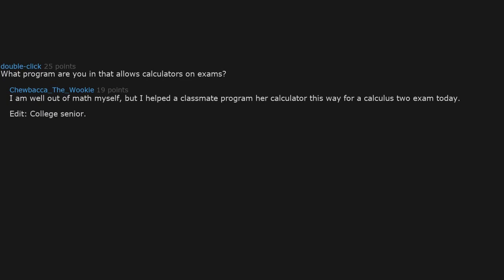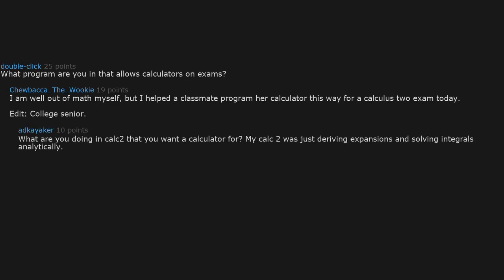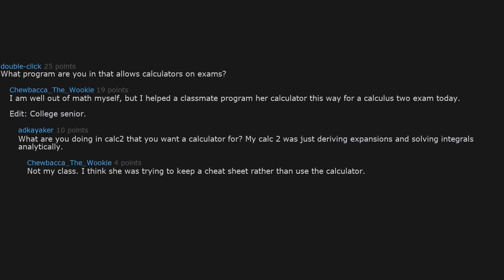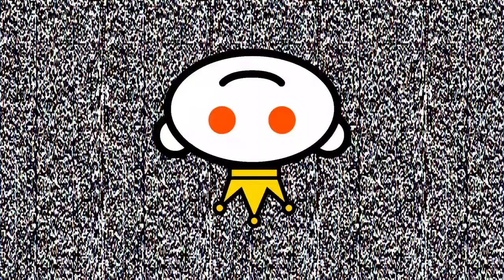Edit, college senior. What are you doing in Calc 2 that you want a calculator for? My Calc 2 was just deriving expansions and solving integrals analytically. Not my class. I think she was trying to keep a cheat sheet rather than use the calculator. Okay, I could see coding in some functions and definitions.